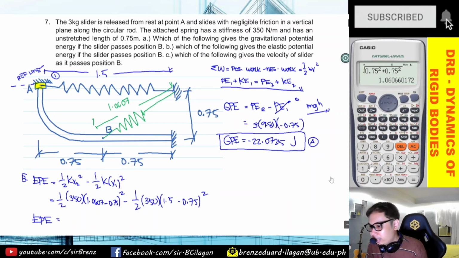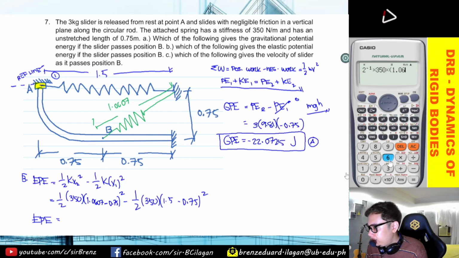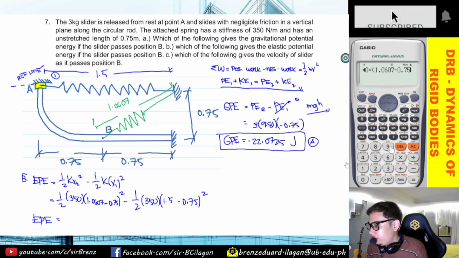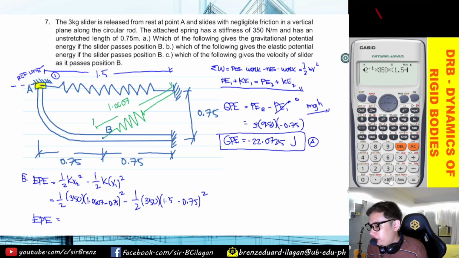So, pipindutin lang natin. 2 inverse times 350 times 1.0607 minus 0.75 squared minus 1/2 of 350 times 1.5 minus 0.75 squared.